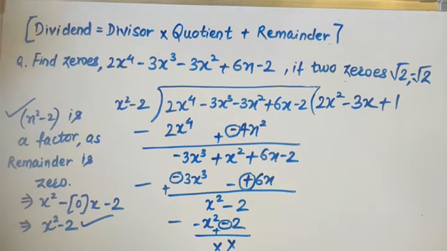Are you getting my point? So by doing this example, you can cover all the questions given in exercise 2.3. So by taking all these examples, we have covered all the basic questions of polynomials in chapter 2 of class 10 mathematics.